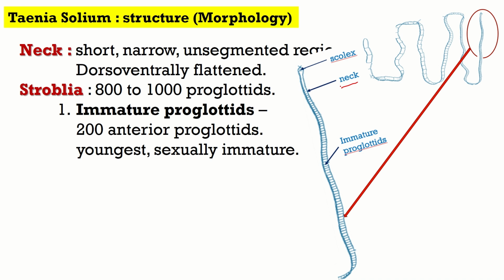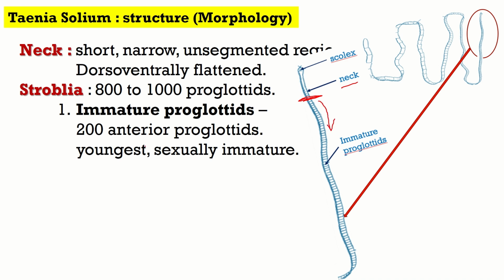This is the particular part from which the strobila is budded off. From this part, small segments are budded off, which become larger as they go toward the posterior side.